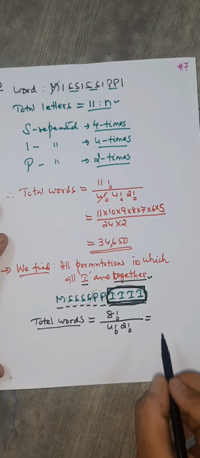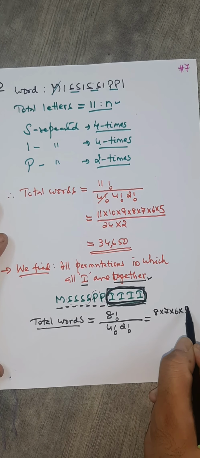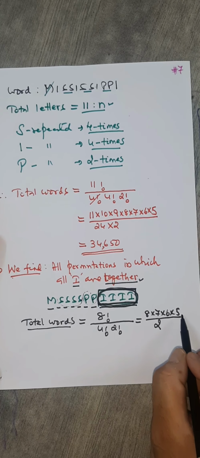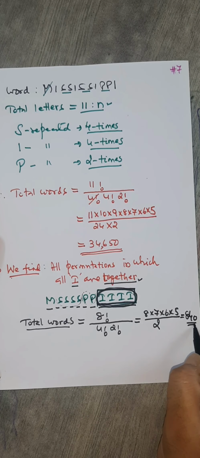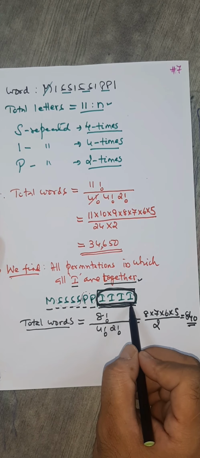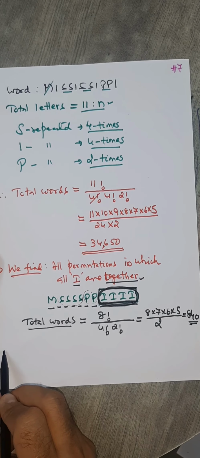नाउ यू जस्ट सिंप्लीफाई. हाउ डू वी सिंप्लीफाई दिस? कैसे सिंप्लीफाई करेंगे? 8 इंटू 7 इंटू 6 इंटू 5 इंटू 4 फैक्टोरियल, ये कैंसिल हो जाएगा अपॉन 2. So just if you simplify, you'll get 840. So there are 840 words in which I's are always together. I hope this is clear too. आपको क्या पूछा है? Not together.